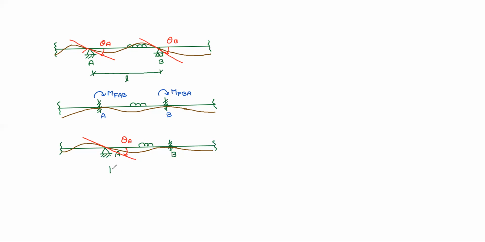You know this span is L. Far end is fixed. You know stiffness. What is stiffness K? Stiffness K is M by theta, which is equal to 4EI by L. Let us assume its flexural rigidity is EI.